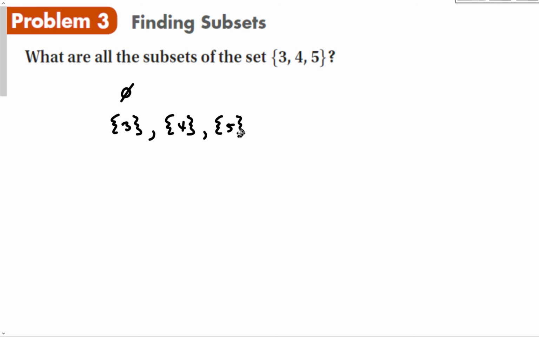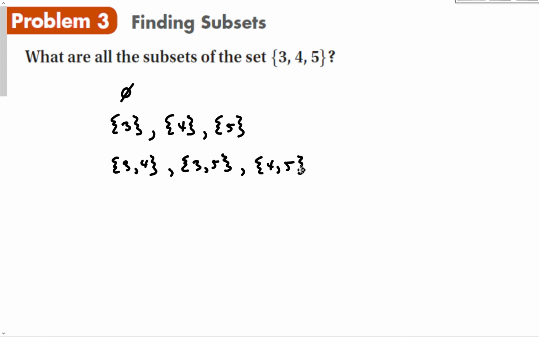So those are all my subsets with one element. Let's list the subsets with 2 elements. So that's {3, 4}, {3, 5}, and {4, 5}. Okay?